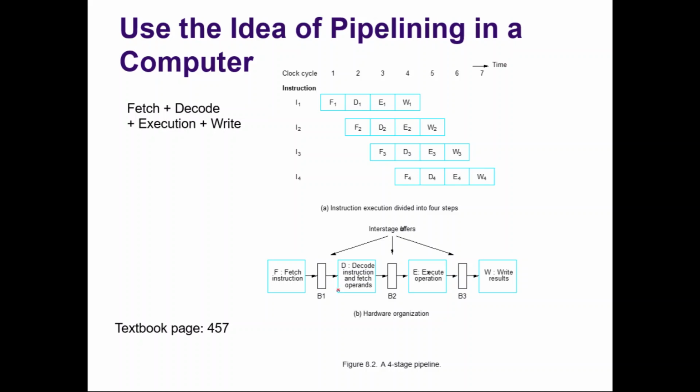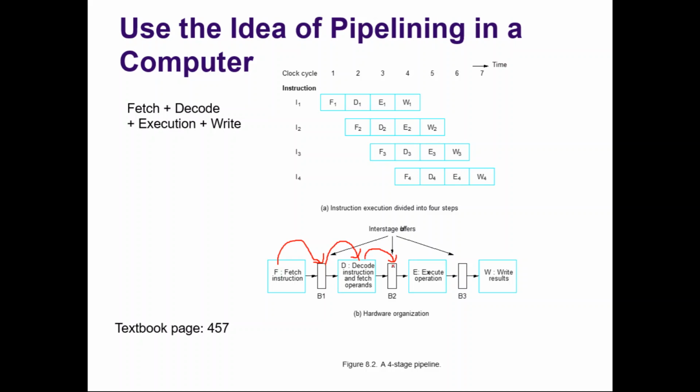So there will be a buffer in every stage. The fetch unit will fetch the instruction and keep it in buffer B1. From buffer B1 the decode unit will take the instruction and decode it, and keep the decoded instruction in buffer B2.